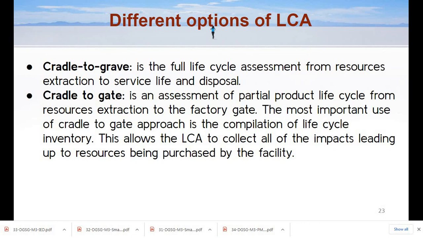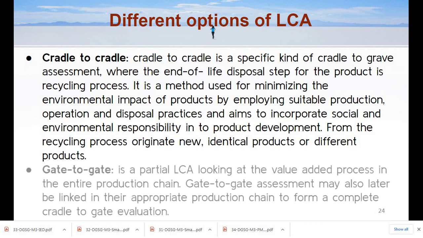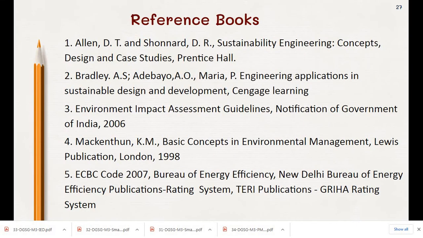Cradle to gate is an assessment of partial product life cycle from resource extraction to the factory gate. Cradle to cradle is a specific kind of cradle to grave assessment where the end of life disposal step for the product is a recycling process. And finally, gate to gate is a partial LCA looking at the value added process in the entire production chain.